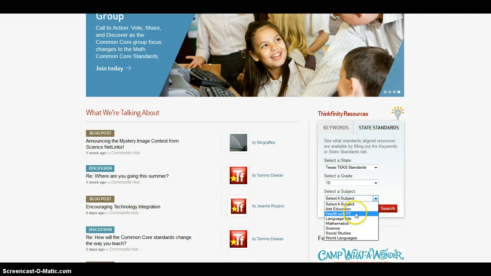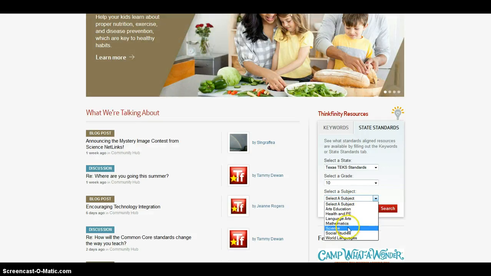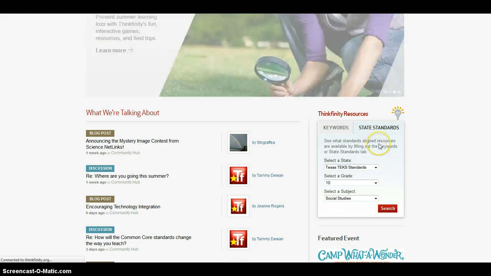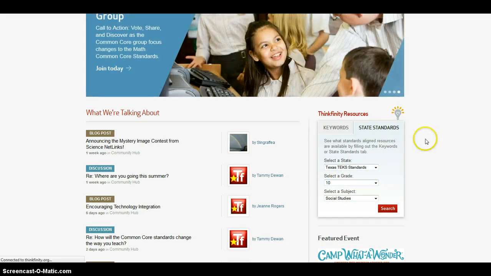There's arts education, health and physical education, language arts, math, science, social studies, and world languages. Let's just focus on social studies and say that we're looking for history lessons, American history. So we're going to do a search on the 10th grade social studies and see what comes up for history.